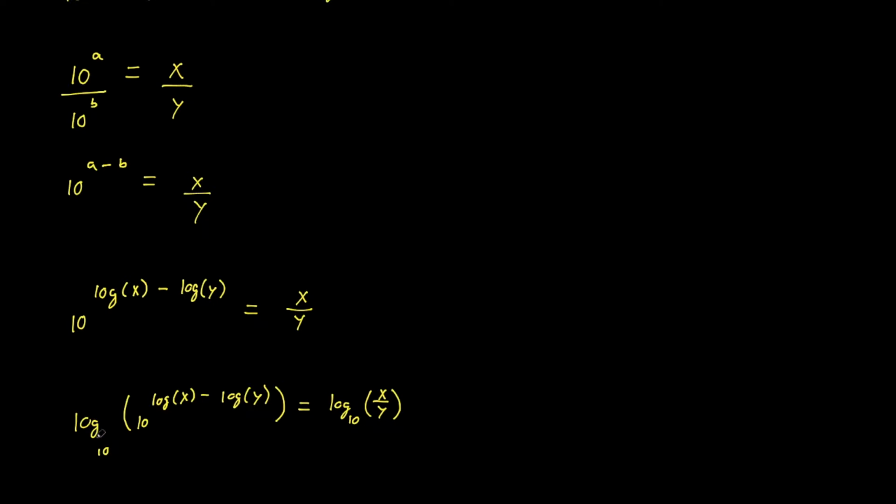Then we can actually reduce the left-hand side. Logarithms and exponents are inverse functions, and since we have the same base logarithm and the same base exponent here, we can cancel these out and we'll just get log x minus log y.